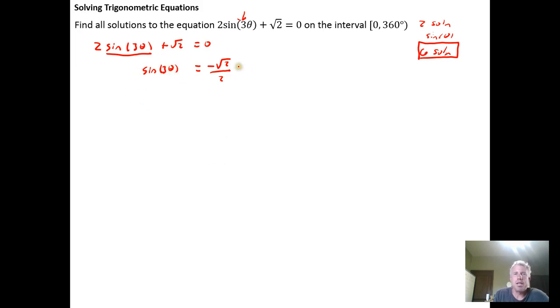Then we're going to take the inverse sine of both sides to knock the 3 theta out from inside of the parentheses. We want to recognize that this is the principal angle that generates the side ratio negative root 2 over 2.